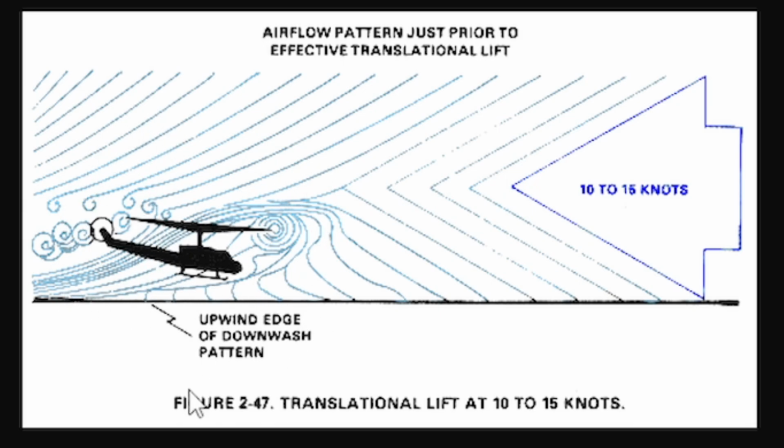So, that's the general idea of translational lift. And then effective translational lift is once you start getting more and more speed, the whole rotor disc almost acts like a wing, sort of, but not really. I'm not going to confuse y'all with that.